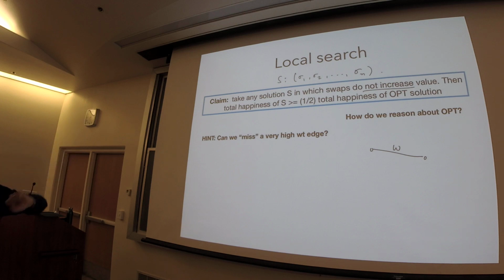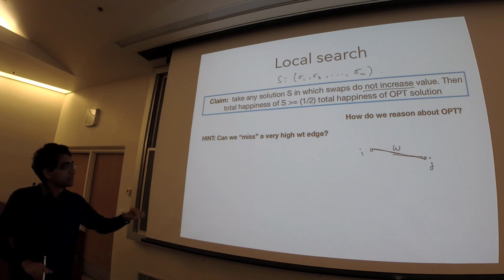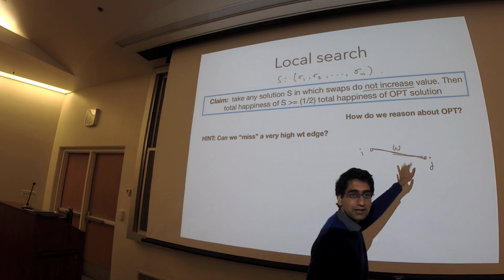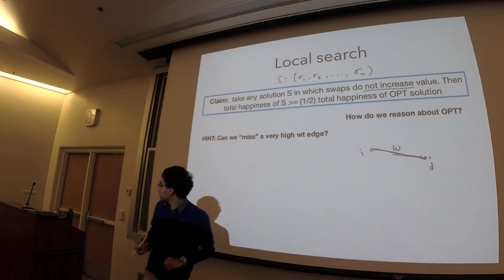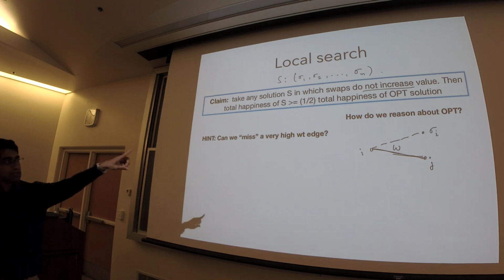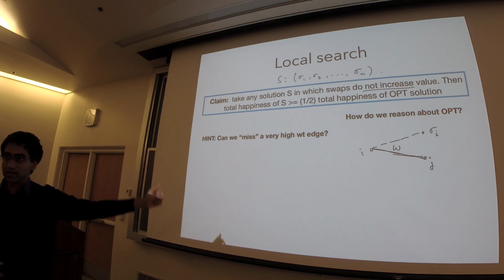If I take any edge between some child I and some gift J, suppose child I had a very high happiness value for gift J. Whoever I was assigned to in this solution, if sigma I was equal to J, then you are in great shape, because your solution already picked that pretty large edge.